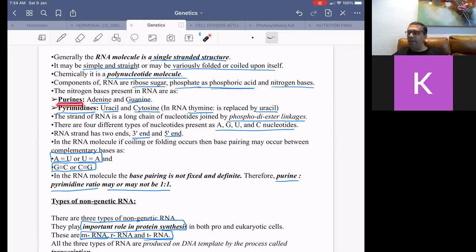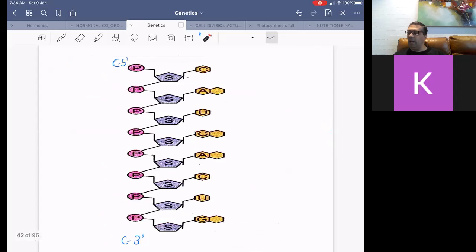Among nitrogen bases, purines are adenine and guanine, as in DNA. In RNA, pyrimidines are uracil and cytosine. In RNA, thymine is replaced by uracil. And the strand of RNA is a long chain of nucleotides joined by phosphodiester bonds. So that is same as DNA.